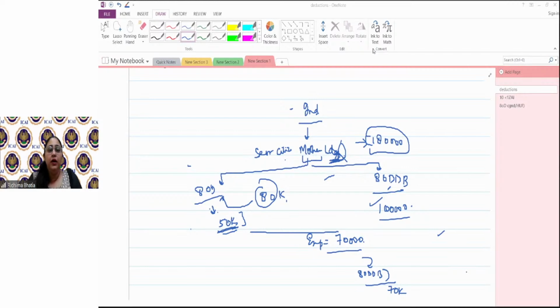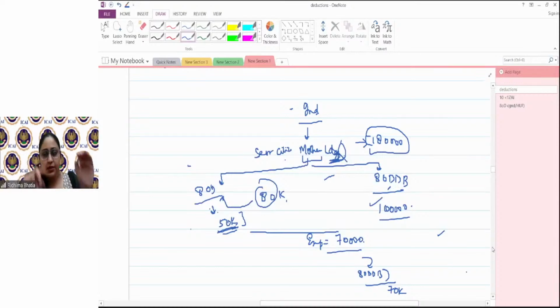Sabko clear hua all the different sections where disability, dependency, medical treatment, insurance, everything is somehow interrelated, but every section is different. So agar wo flags yaad rakhoge, you will remember all those things. Take 1 minute more. वो words को मत miss करना.